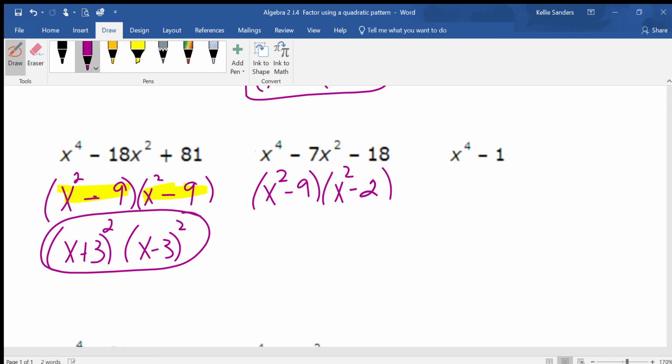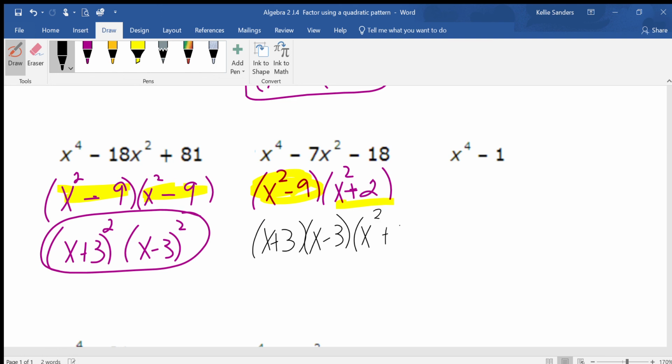Is that right? That is so not right. That's right. Okay. So, again, difference of squares, not difference of squares. So, x plus 3, x minus 3, and then x squared plus 2 stays.